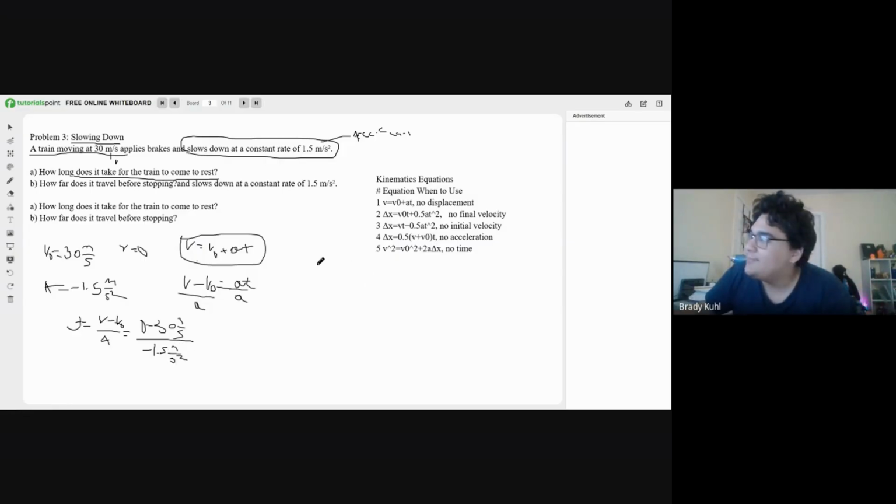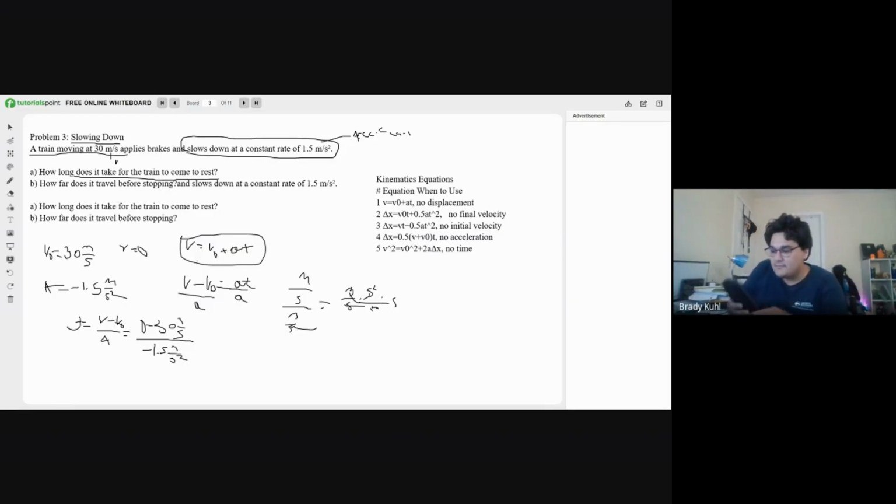And obviously, it looks confusing with how it is. The units always work out: meter over second times second squared over meter cancels out and becomes seconds.